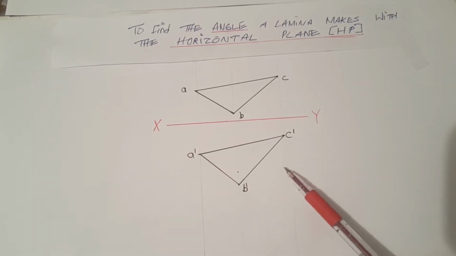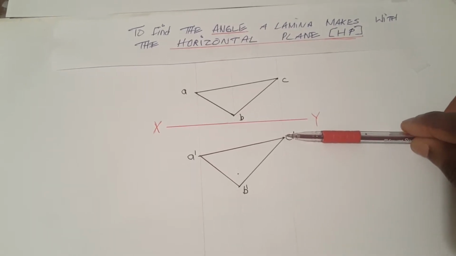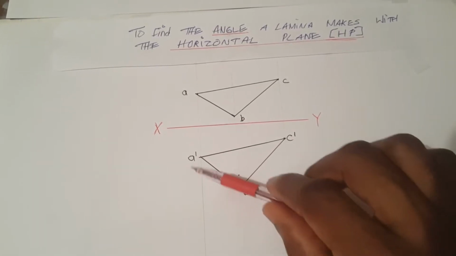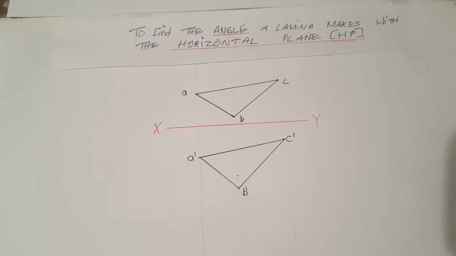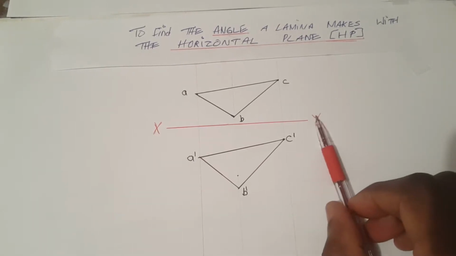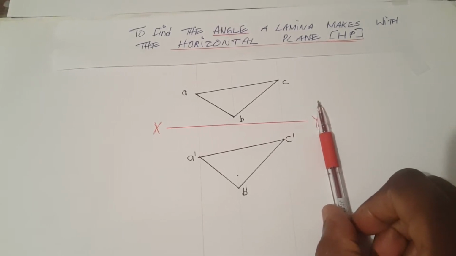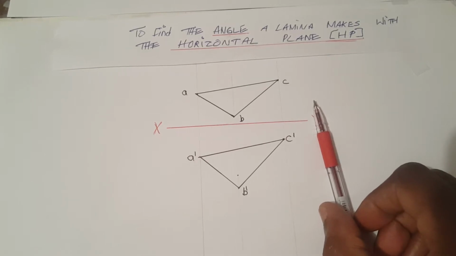Once you have done that, we draw parallel lines through C prime, B prime relative to A prime, intersection prime. The next step would be to establish a perpendicular line here, which would be our auxiliary inclined plane 1, 1.